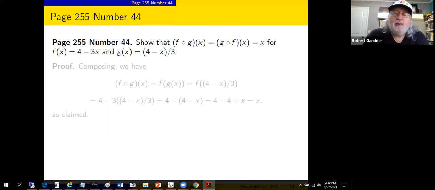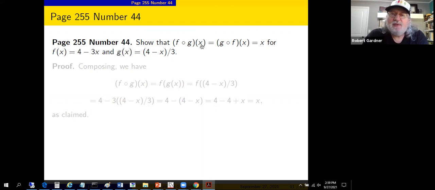Show f composed with g of x equals g composed with f of x equals x itself when we take f of x to be 4 minus 3x, and we take g of x to be 4 minus x divided by 3. The idea here, where we're going with this in the next section, is that whatever one function does, the other function undoes.